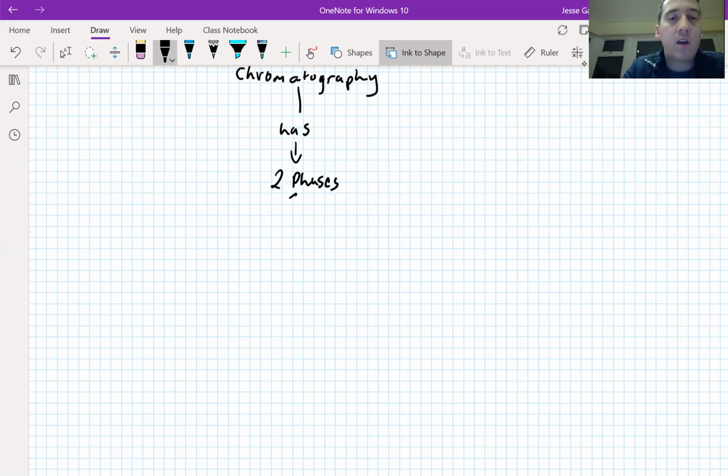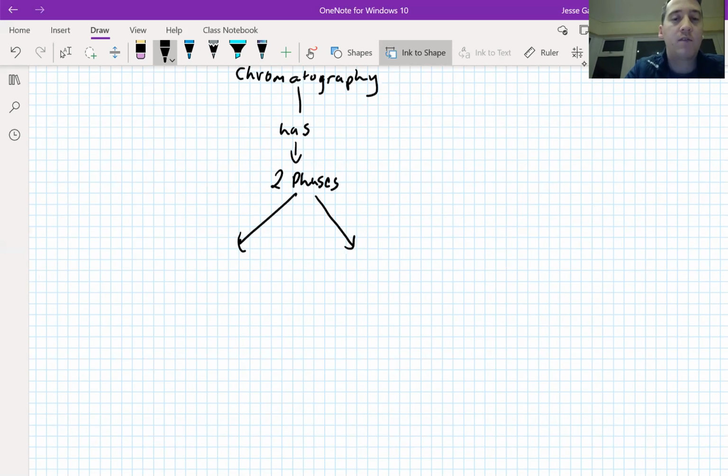So from memory, I want you to pause the video and write down the names on those arrows of the 2 phases. You can start with what I have done there. Chromatography has 2 phases, and then tell me what the names of the 2 phases are. So on 3, pause the video and write those down. 1, 2, 3. You should only be playing if you've copied what I have done there and you've tried to write down what's on the end of those arrows.